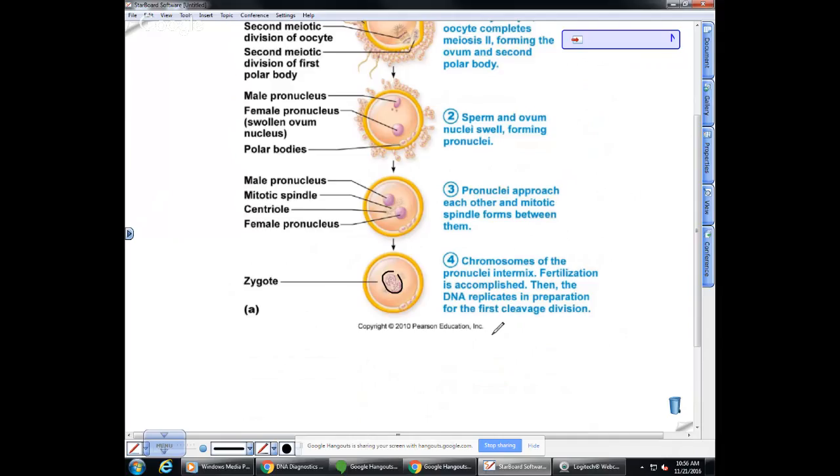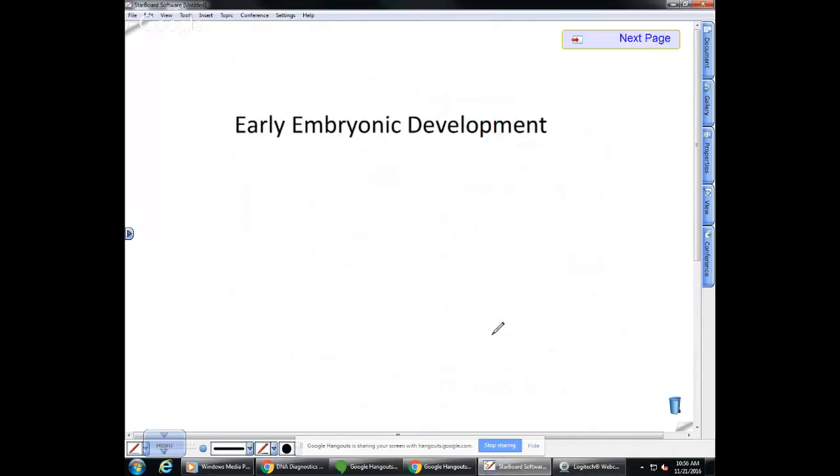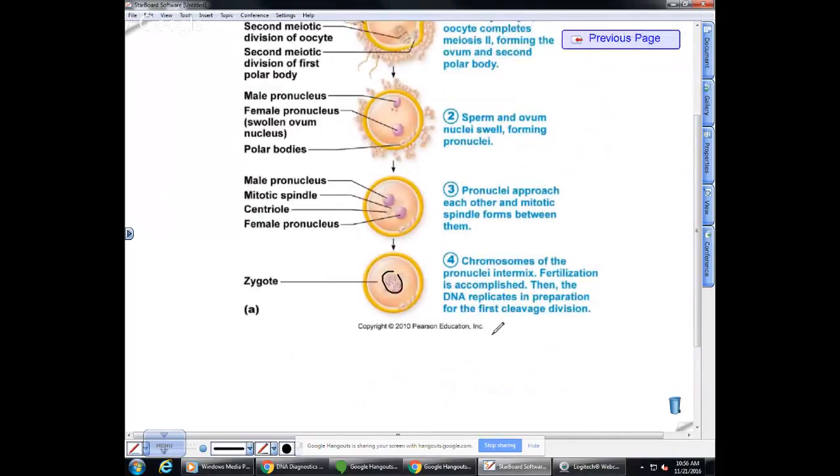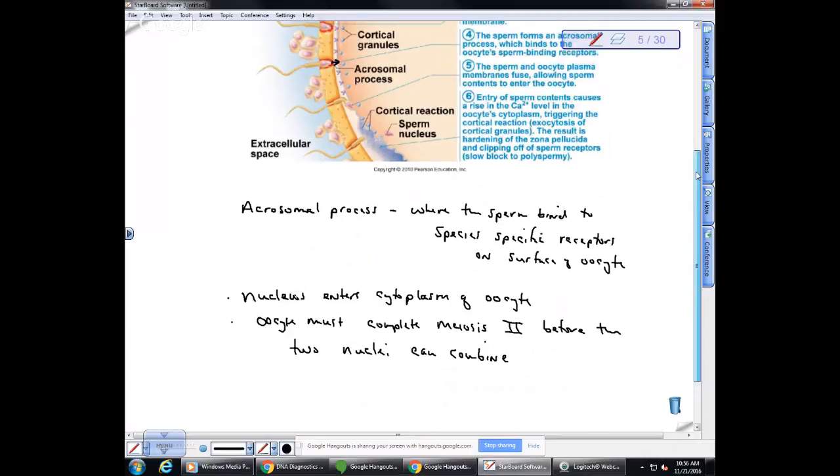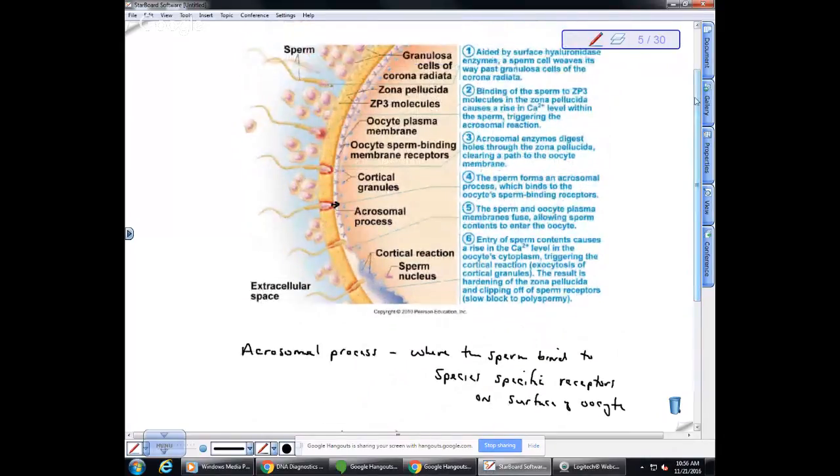Okay, so let's look at this diagram right here. Let's see. I have a picture of that. So this actually also shows the acrosomal reaction and the cortical reaction. This is the cortical reaction. Notice that right under the plasma membrane of the oocyte, we have these sacs of cortical granules.